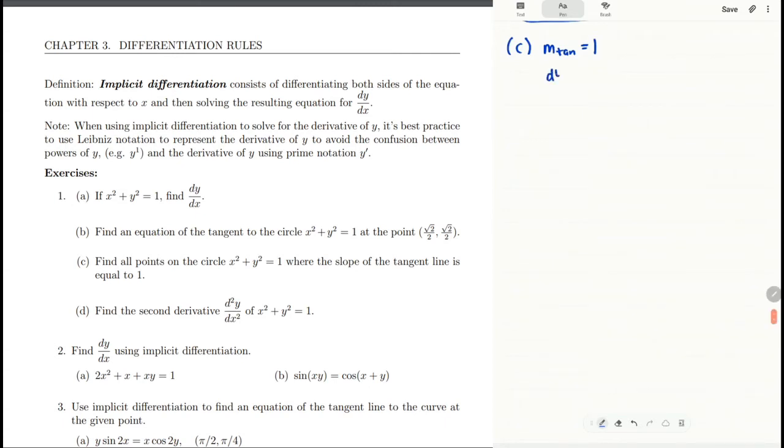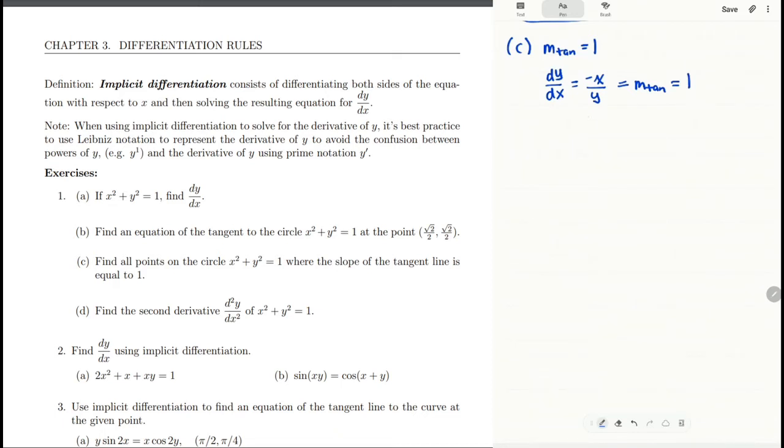So we know that the derivative from part A was equal to negative x over y. And so what we need to find are all the points such that the derivative will be equal to positive 1. So we will set this to be equal to the slope of our tangent line, which is positive 1.